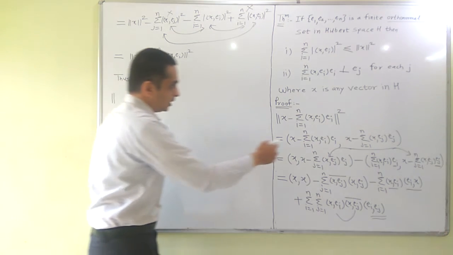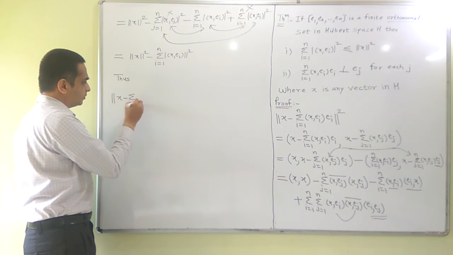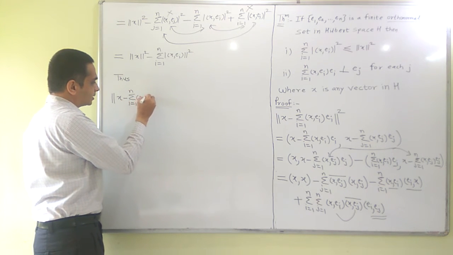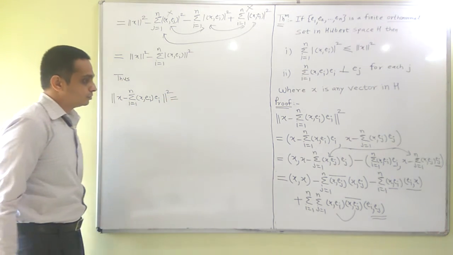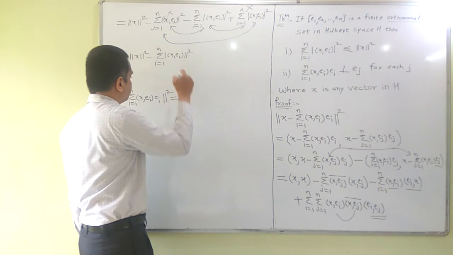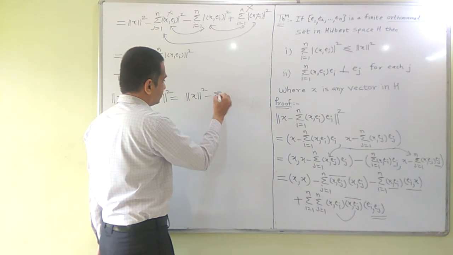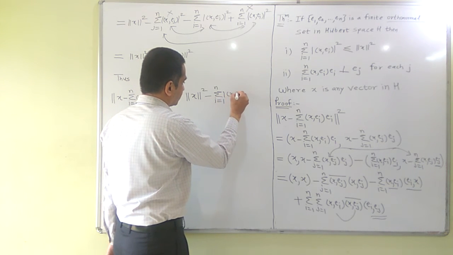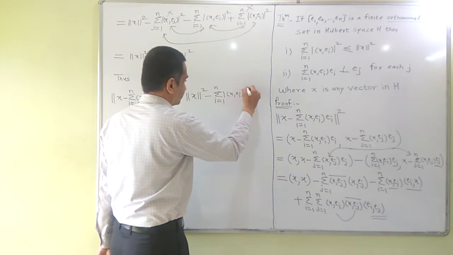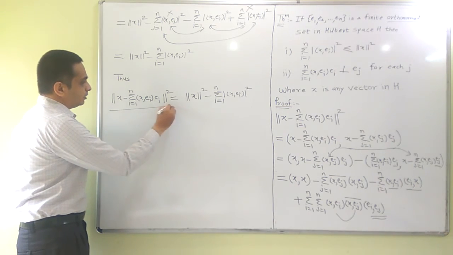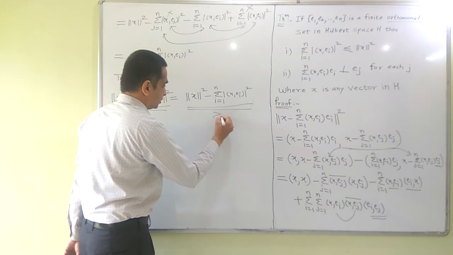See, we began with this. So, norm of x minus the summation from i equals 1 to n of mod of x, e_i squared equals this expression: norm x squared minus the summation from i equals 1 to n of mod of x, e_i squared. The left hand side is clearly always greater than or equal to 0, and hence the right hand side must also be greater than or equal to 0.